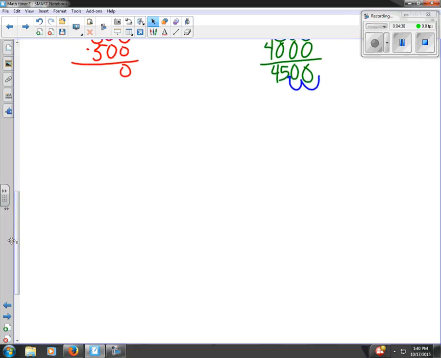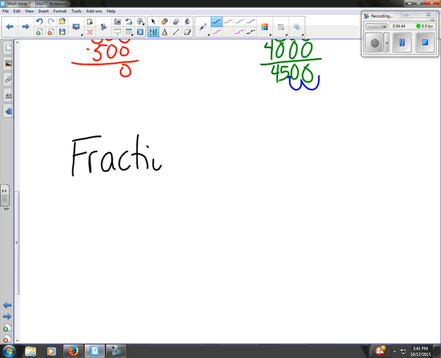When it comes to fractions to percents, we kind of did this in the last section when we did ratios.